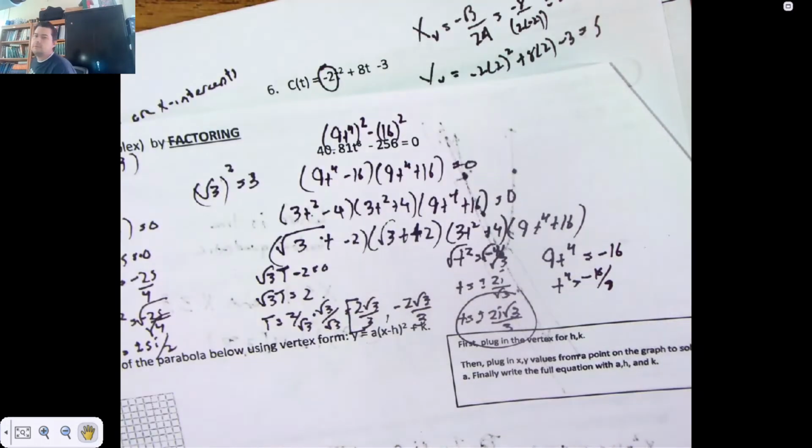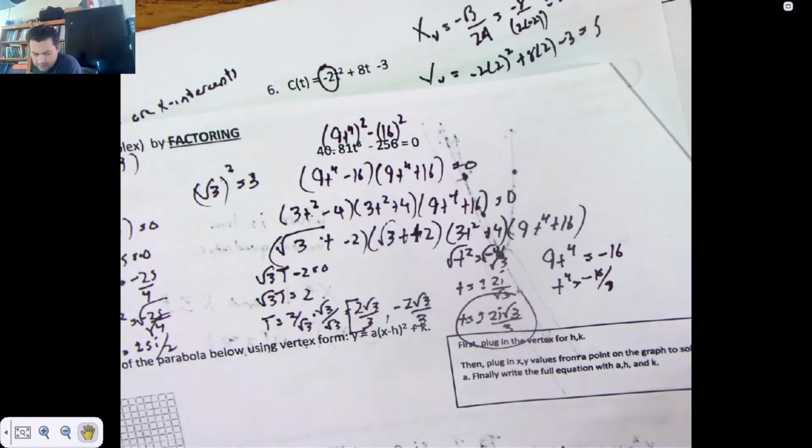If I divide by 9, I'd have t to the fourth is negative 16 ninths. And the opposite of the fourth power is the fourth root. I'm really trying to think of how I can get down to this. I don't know that I can.